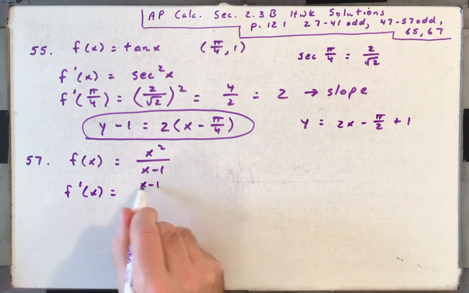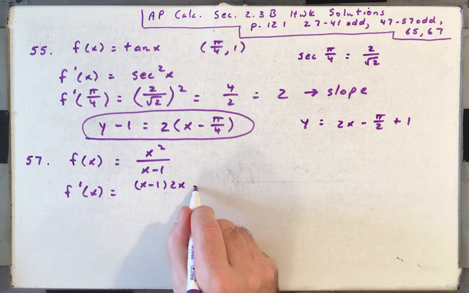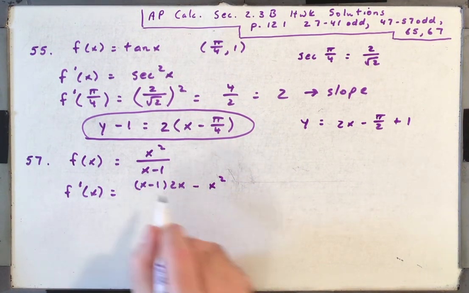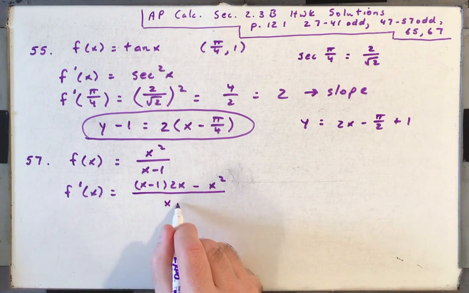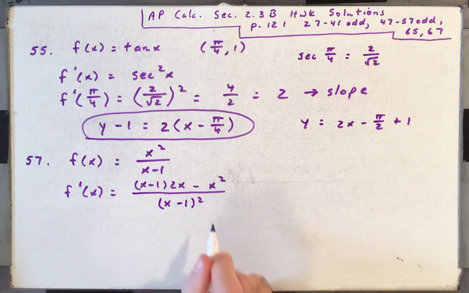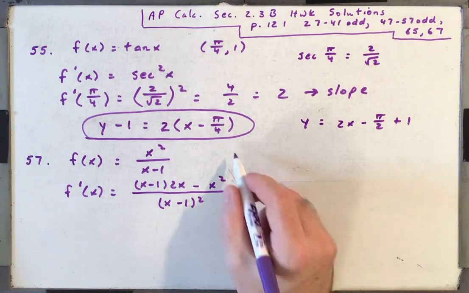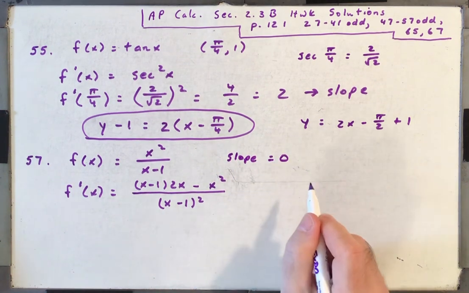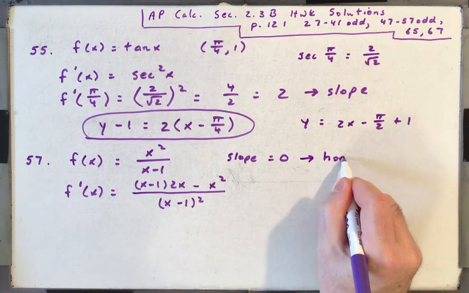Bottom, x minus 1, times the derivative of the top, 2x, minus the top, x squared, times the derivative of the bottom, which is just 1, all over the bottom squared. Now, I've got to set this thing equal to 0 because slope is equal to 0. That's where we're trying to find, that's a horizontal line.